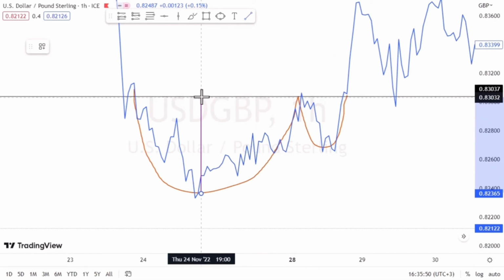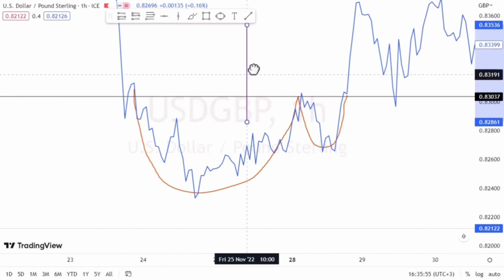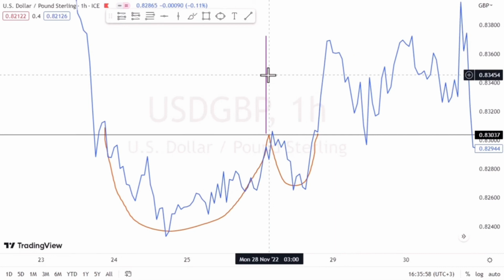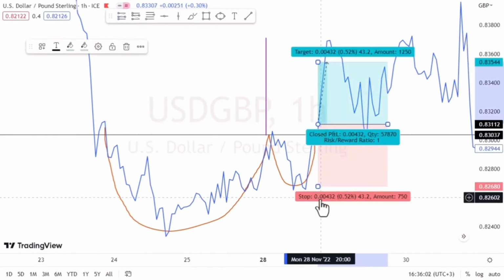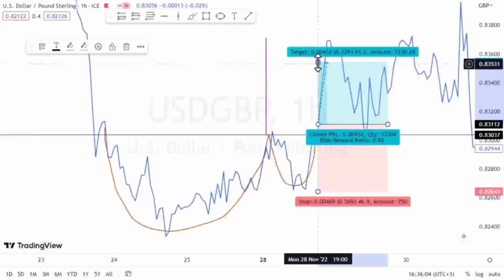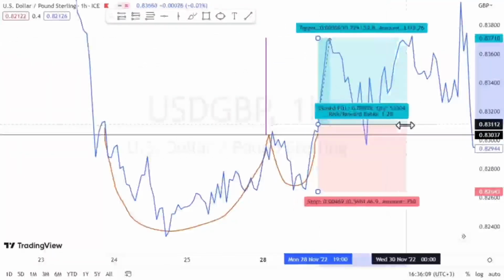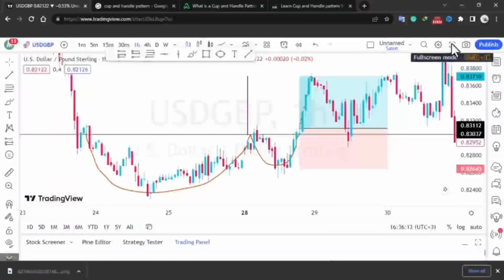We can just determine from the very bottom of the cup to the neckline, like this. And then the price after breaking the neckline goes up at least this amount. So if we took a long trade here, with our stop loss here, you can see it easily, just a piece of cake, the price hits our target just like that.